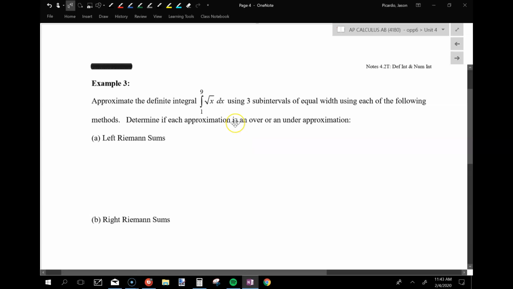Everything's coming together. All right, so I want to find the area under the curve on this domain, so the left bound and right bound of this curve. Your thought process first should be, what does it look like? And it is just a square root of x, so it just looks like one of these.